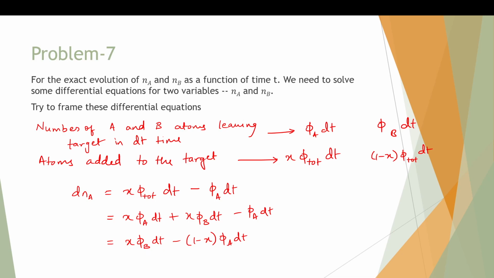Right, till here I think it is fine. So this is nothing but dNa. From this I can write dNa by dt, that will be x times Rg, basically just bringing the dt down.